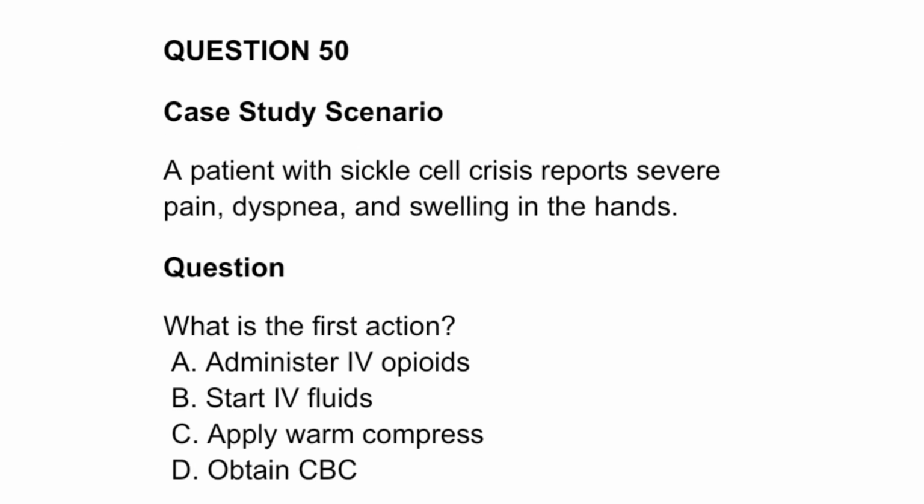Question 50. Case study scenario. A patient with sickle cell crisis reports severe pain, dyspnea, and swelling in the hands. Question: what is the first action? A. Administer IV opioids. B. Start IV fluids. C. Apply warm compress.